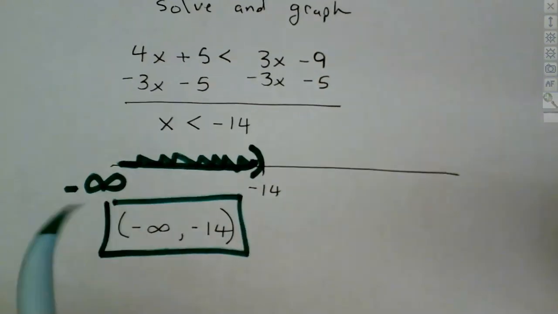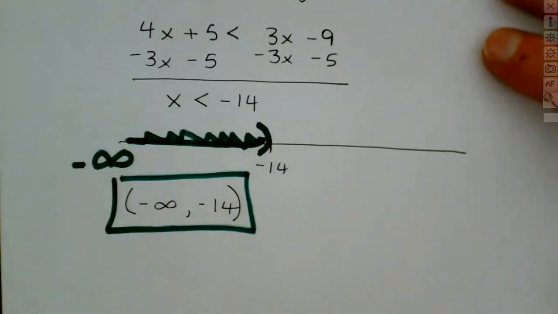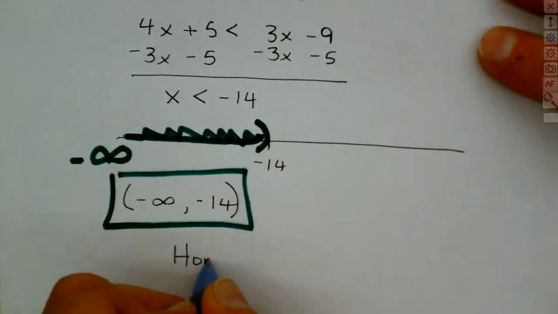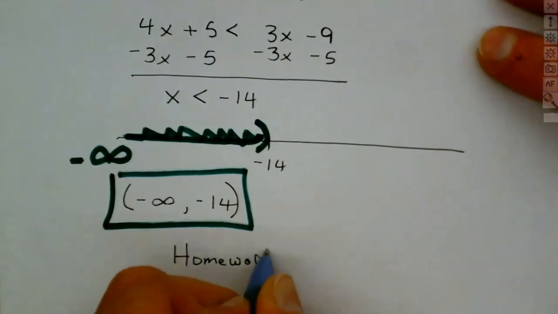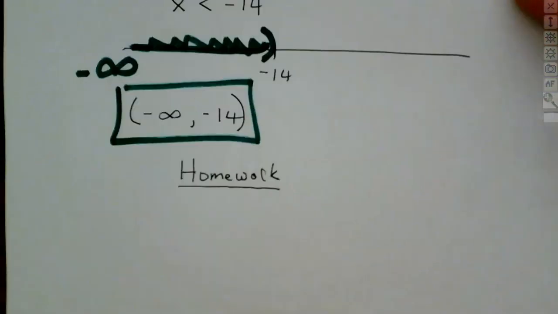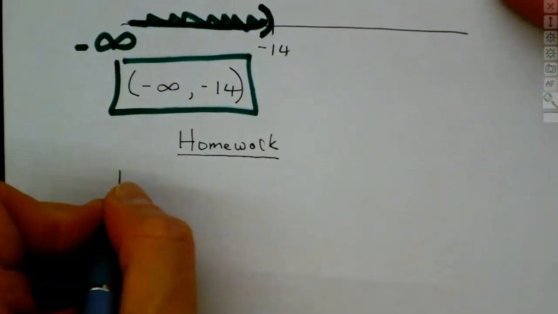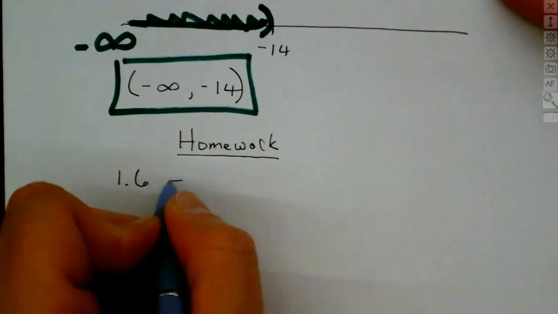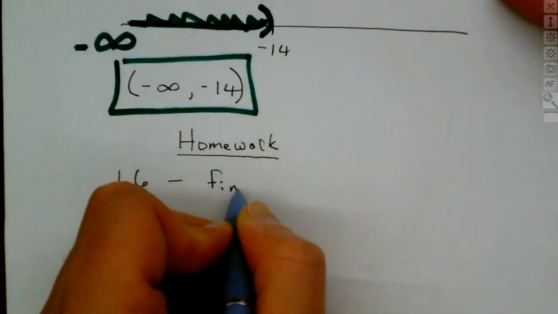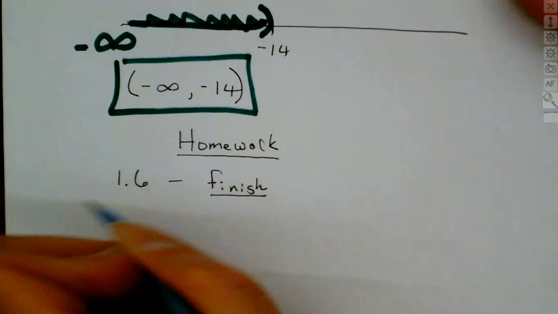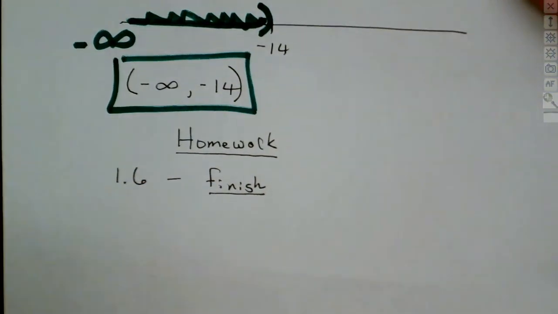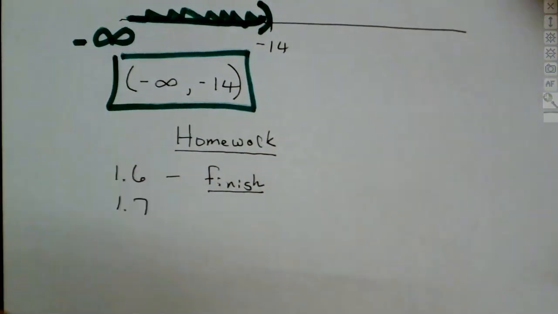And now we'll talk about our homework. So you should now be able to finish 1.6. So you can work through all of those. 1.7, you can only do the first 3.